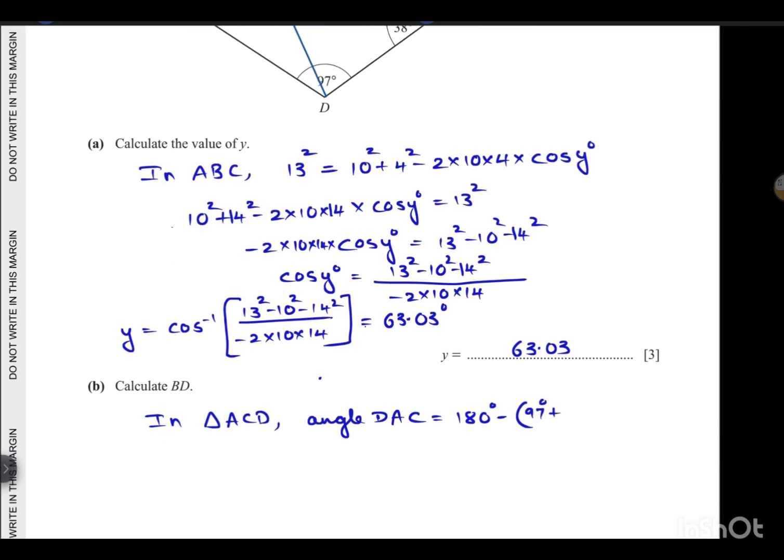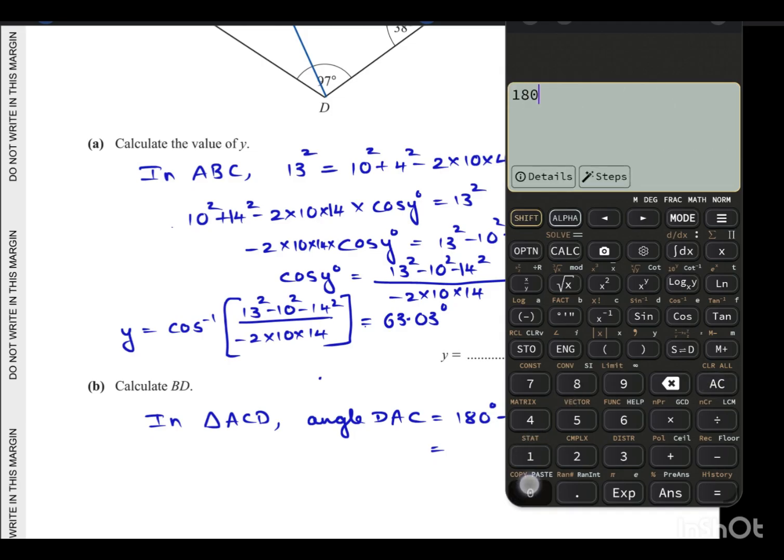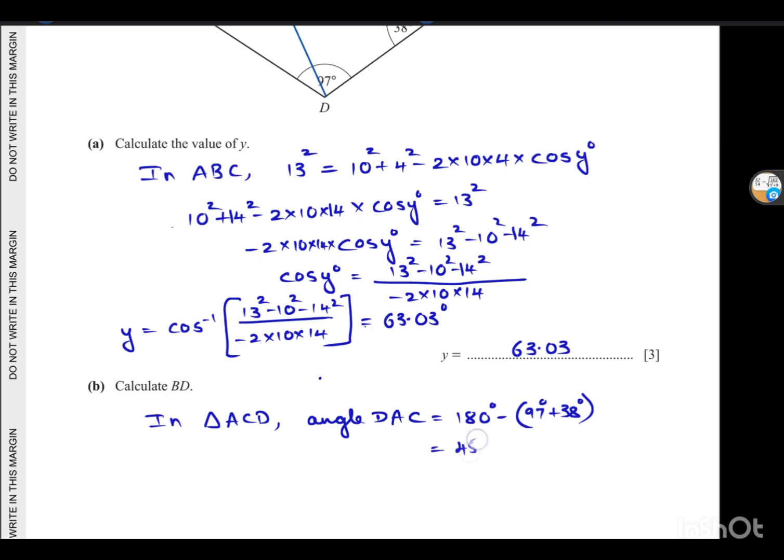The angle sum property we are using here, to find the third angle. So 180 minus 97 plus 38, that is 45. Angle DAC is 45. Then find out AD now.